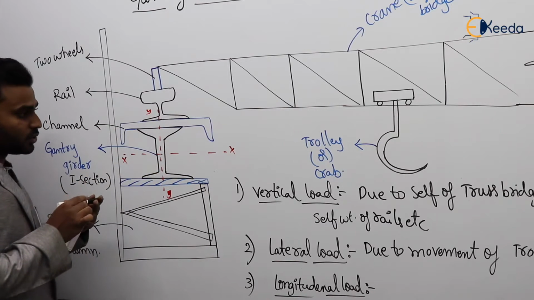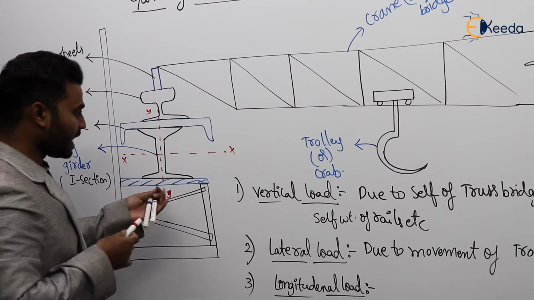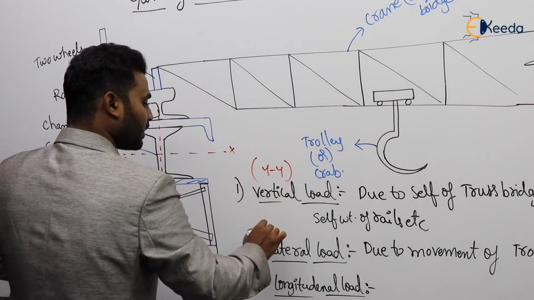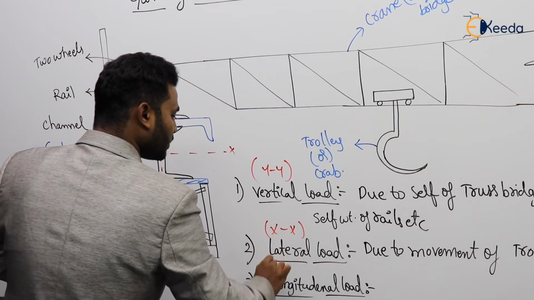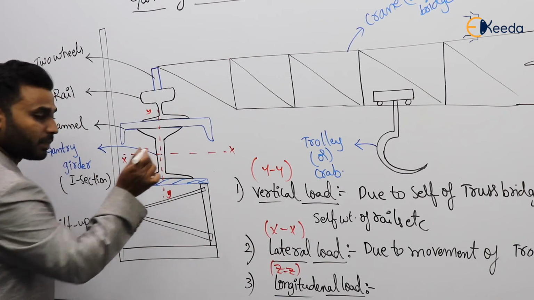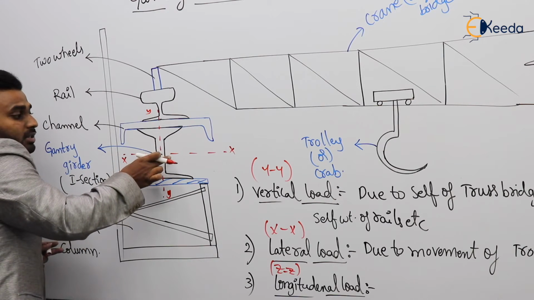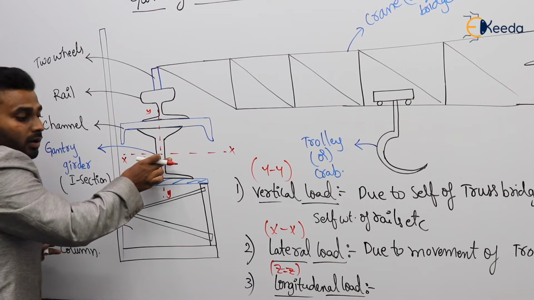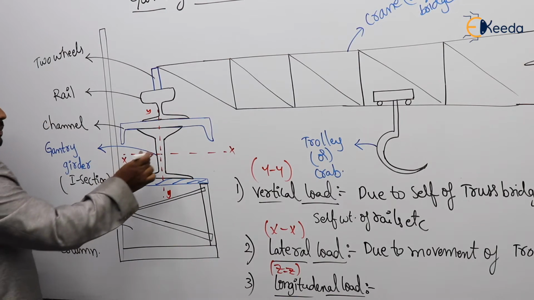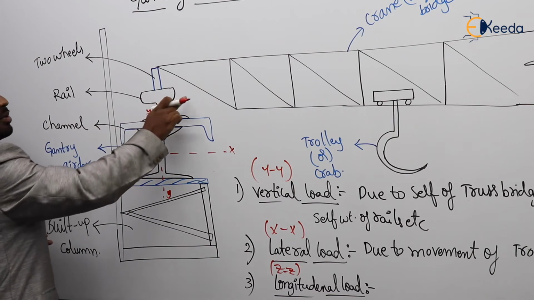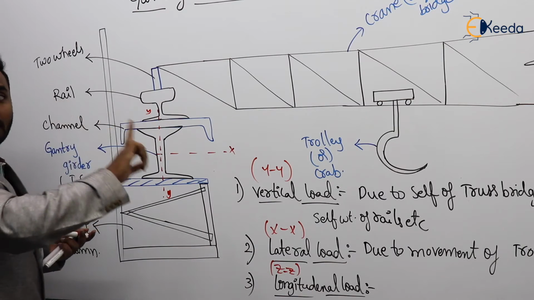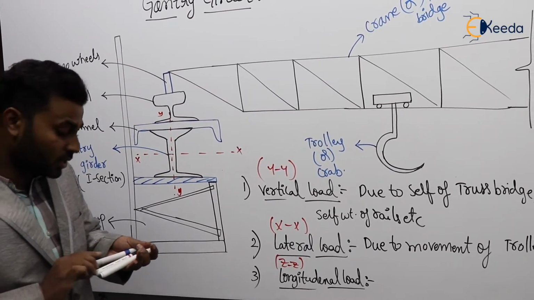The vertical load axis is YY, the lateral load axis is XX, and the longitudinal axis is ZZ, which is perpendicular to the board. Because of the movement of the truss, the gantry girder is subjected to longitudinal load, or you can say perpendicular to the board.